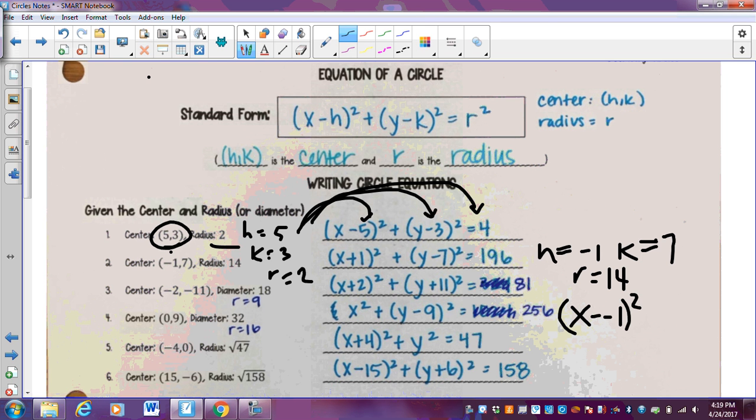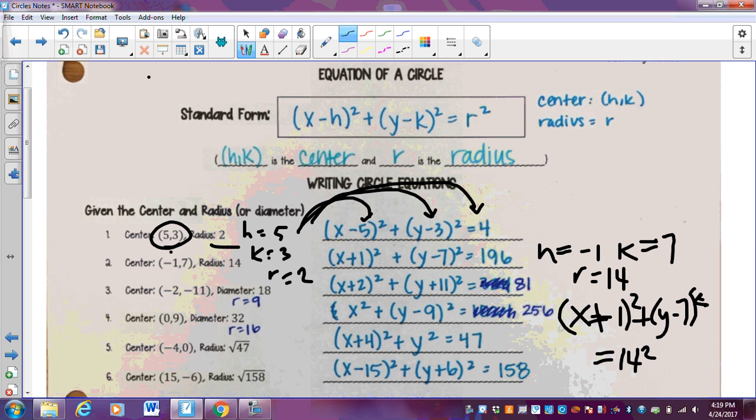Well, that's kind of annoying because of two negatives together, so we can just make that (x + 1)², which is what you see there, and then everything else follows. So then plus (y - 7)², and that's going to equal 14², which is 196. So that's where that answer came from.